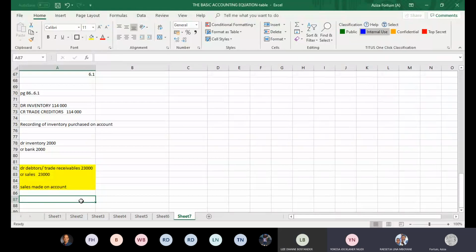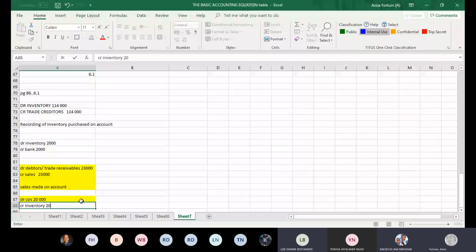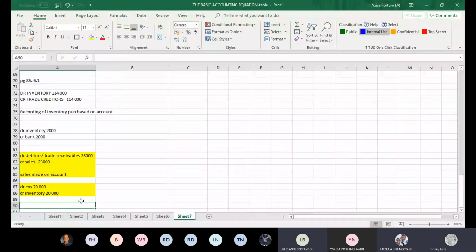Yes, cost of sales. So you're going to debit your cost of sales with 20,000, the cost before the 15% markup, and credit your inventory with 20,000.